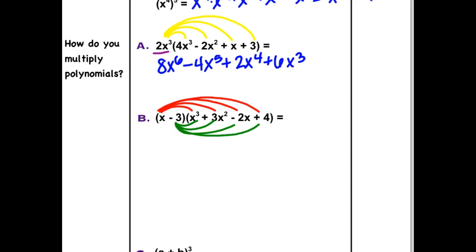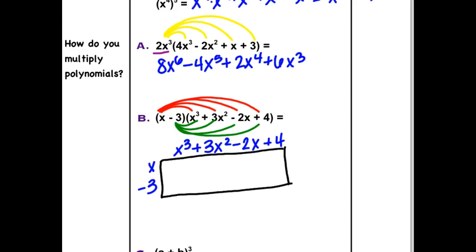That means I'm going to take x cubed plus 3x squared minus 2x plus 4 along the top and x minus 3 along the side, and I create a box. And everywhere there's a symbol, I draw a line.